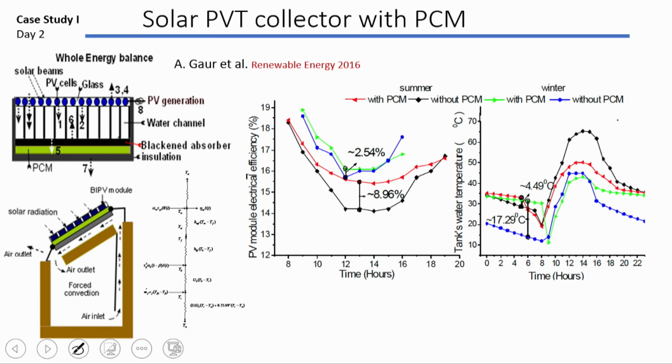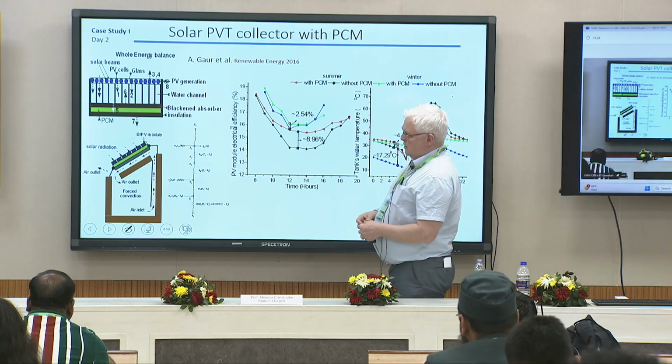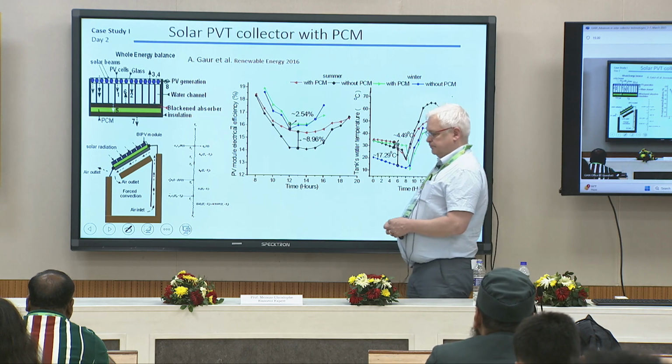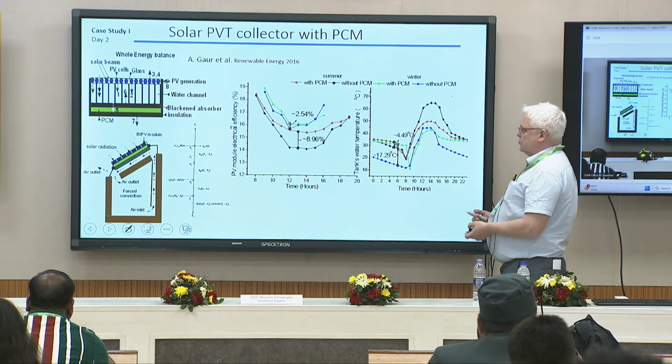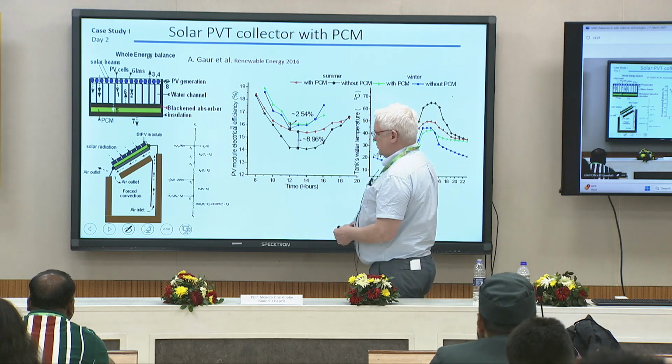We found that the addition of phase change materials is quite interesting as a buffer, to stabilize the hot water production, also to decrease the temperature a little bit sometimes and to increase the efficiency of PV modules.